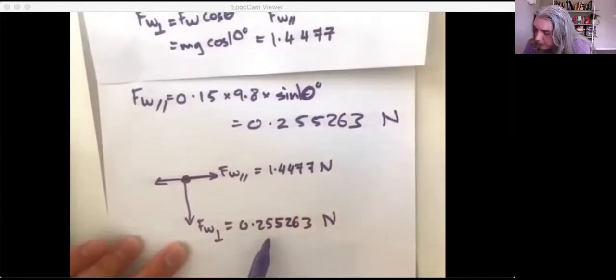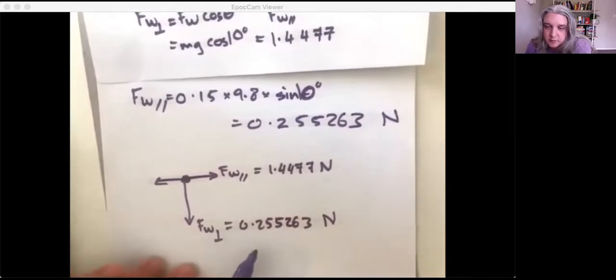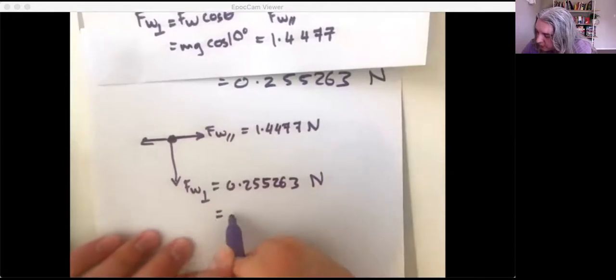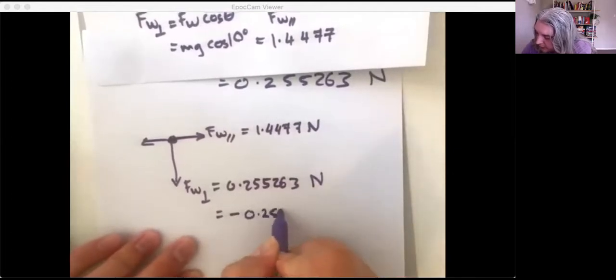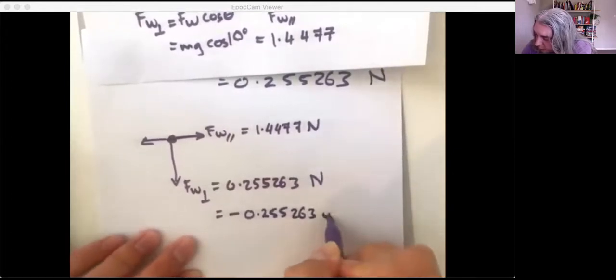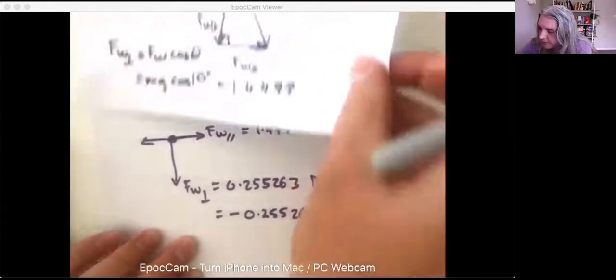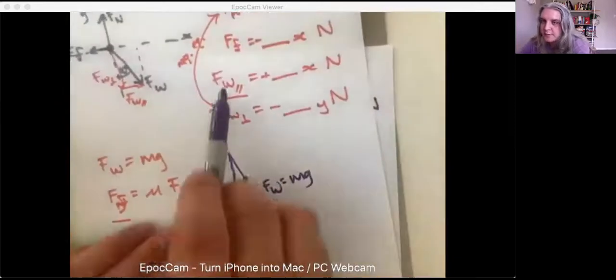Note that I'm not technically writing this correctly. If I was to write this in full proper notation, I would write equals negative 0.255263 y newtons, because it's in the y direction and it's a negative one, as I sort of hinted at when I did this bit up here.